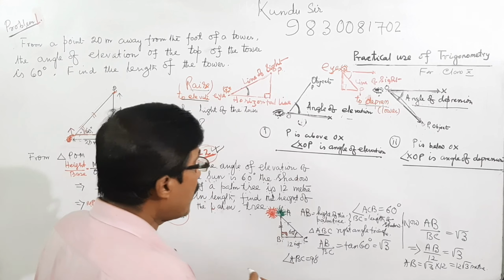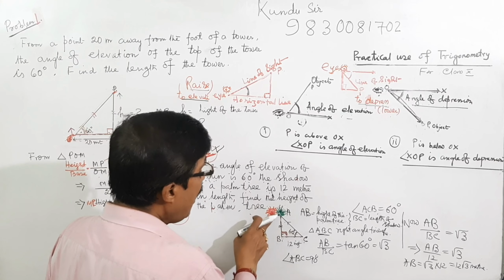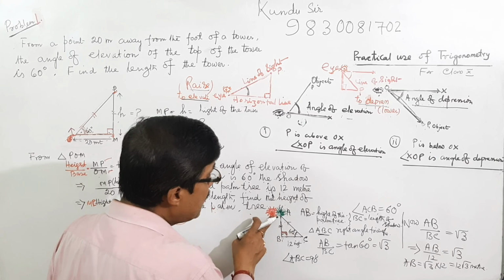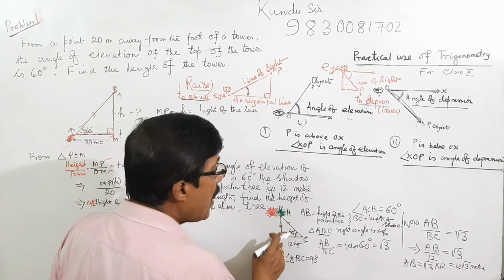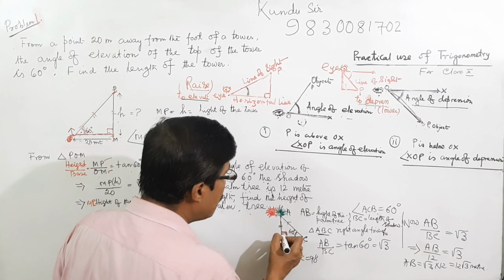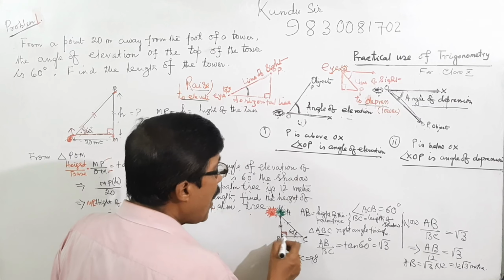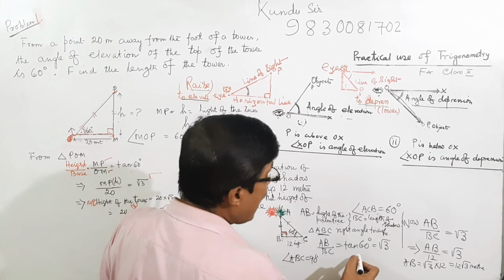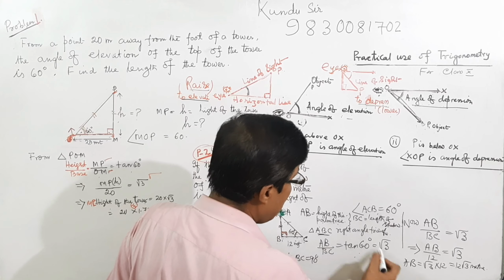Now we are considering AB as the height of the tree and the shadow as BC. AB by BC is equal to tan theta, perpendicular or altitude by base, equal to tan 60, equal to root 3.